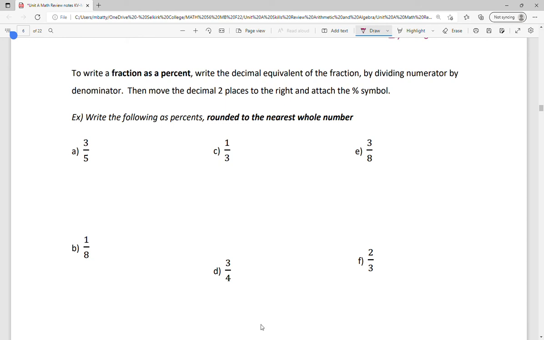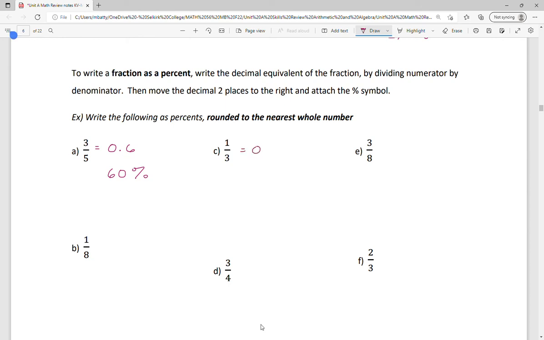So I use my calculator and I'd say, okay, this fraction as a decimal would be 3 divided by 5, right, is 0.6 on my calculator. That's that fraction as a decimal. Now to write it as a percent, I'd move the decimal place over, multiply by 100. It is 60% of a whole, or 60% on the test, right? All of these ones, that's how I'm doing it.